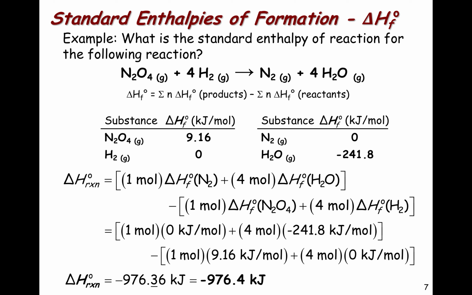Now we can take out our calculator and do all the math, and bringing all those numbers together gives us a value of negative 976.36 kilojoules, which, if we deal with our sig figs, is negative 976.4 kilojoules for the reaction as you see it here under standard conditions.